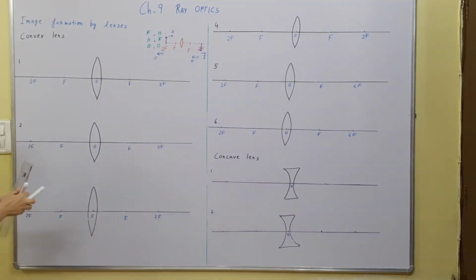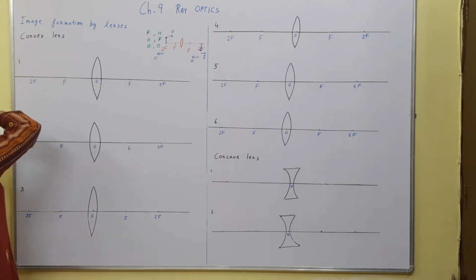The first position is if the object is at 2f. That's what we are going to discuss.